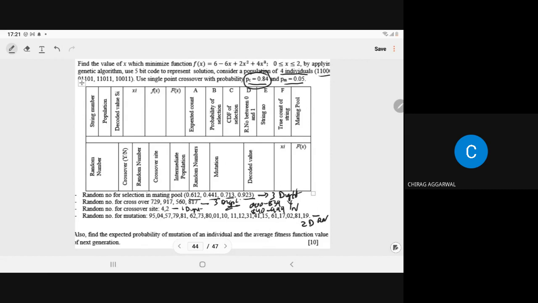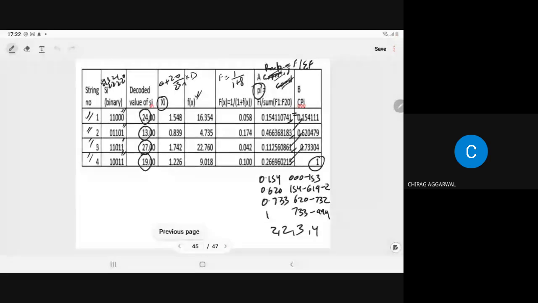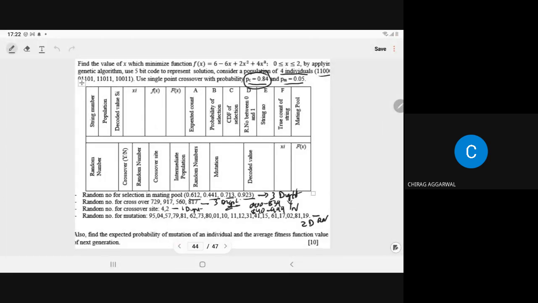For the crossover, random numbers are given to you: 729, 917, 560, 817. It is not necessary that you always use all. For the first pair we have used 729, for the second pair we have 917. 560 and 817 are redundant random numbers, need not be used.